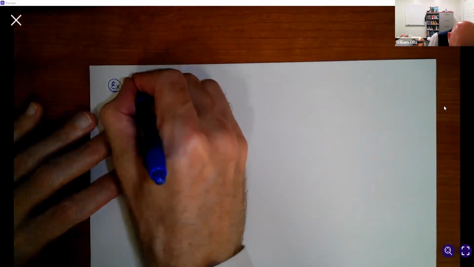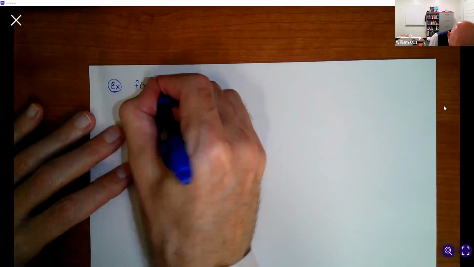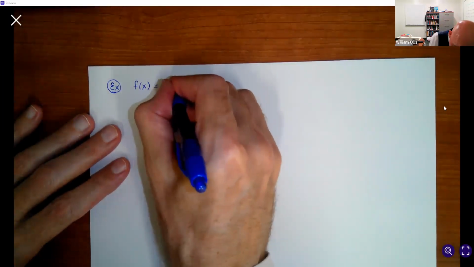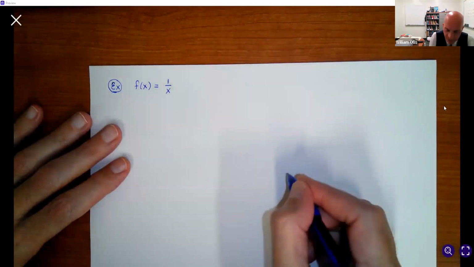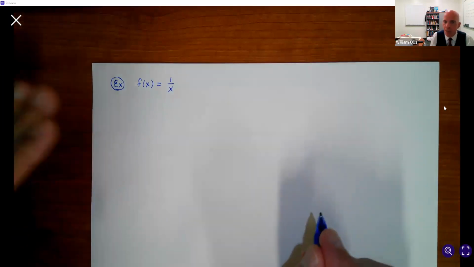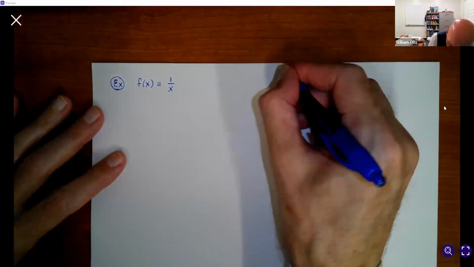So let's look at f of x and apply some real simple results. So when we look at f of x equal 1 over x, we're thinking, okay, well, that's a power function. So here's what we want to do.